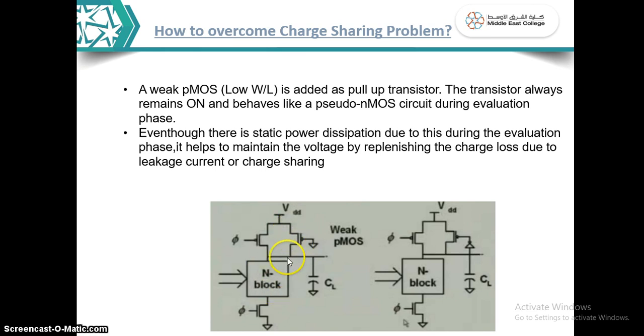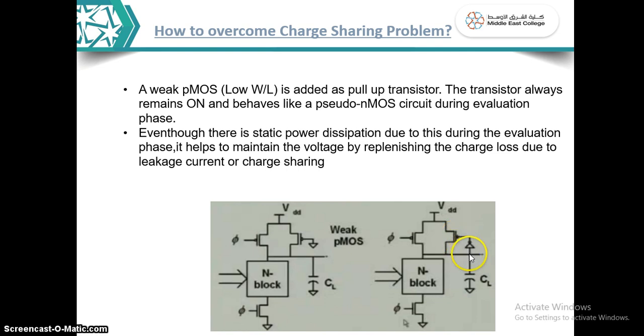So to avoid that, you connect a weak PMOS, but its gate is not grounded. Instead, your output will go to the input of your weak PMOS through an inverter circuit.